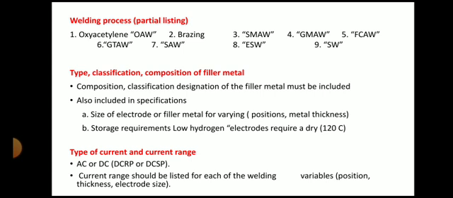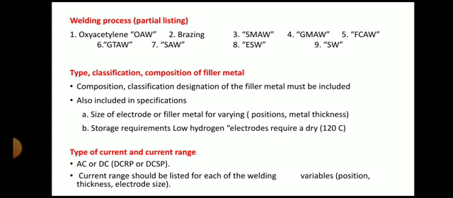Then the welding process, that means which welding process you are going to use for welding the component. There are different welding processes like oxyacetylene, shielded metal arc welding, gas metal arc welding, flux core arc welding, gas tungsten arc welding, submerged arc welding, ESW, and so on.